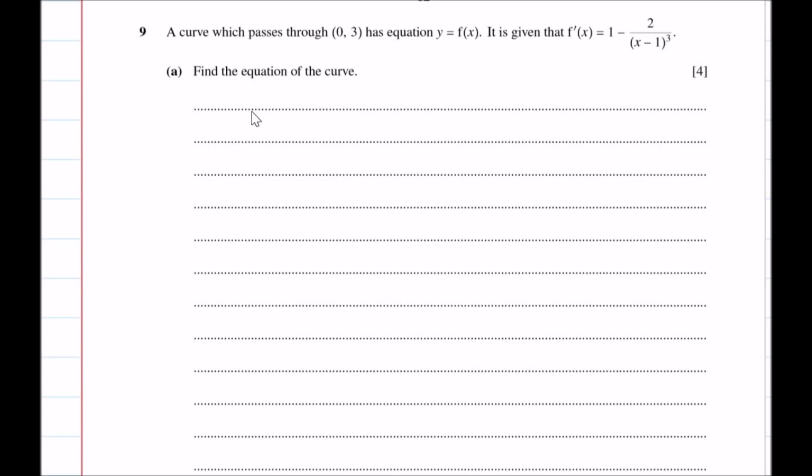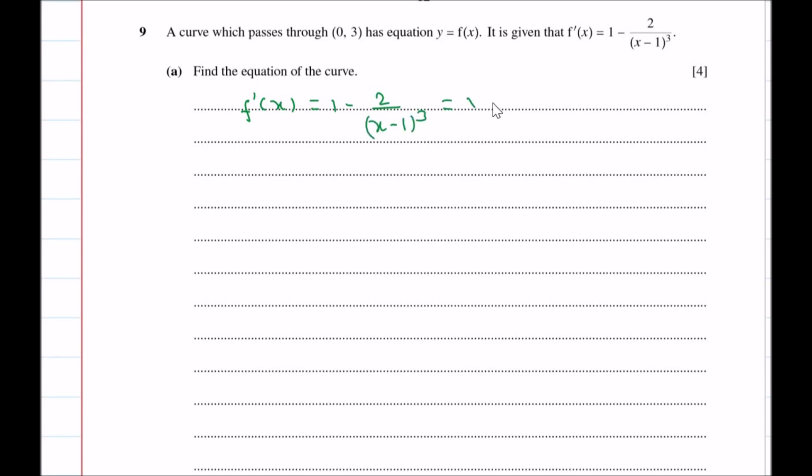So we have f dash x is equal to 1 minus 2 by (x minus 1) to the power 3.